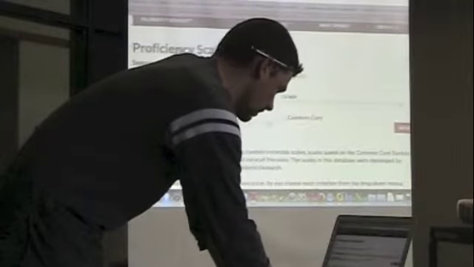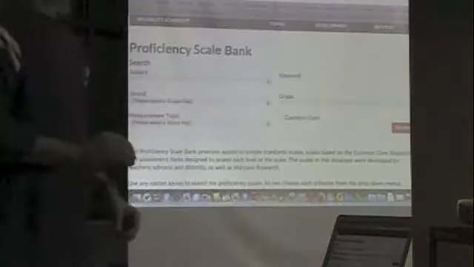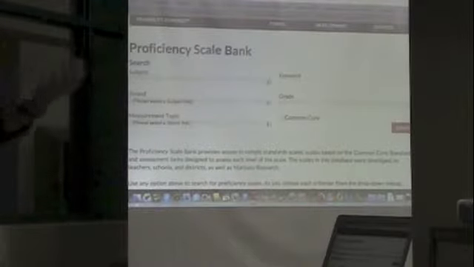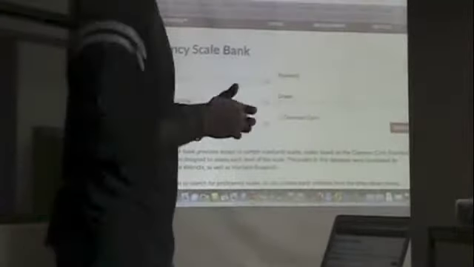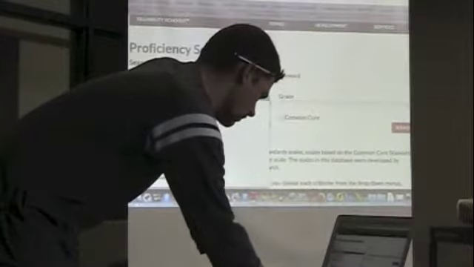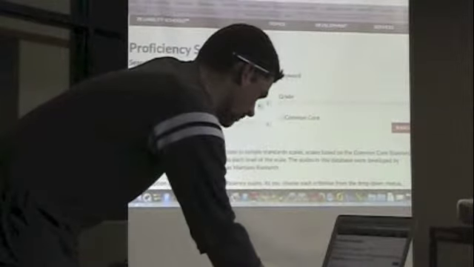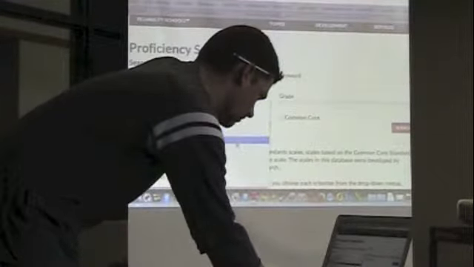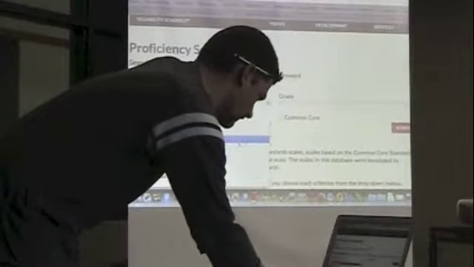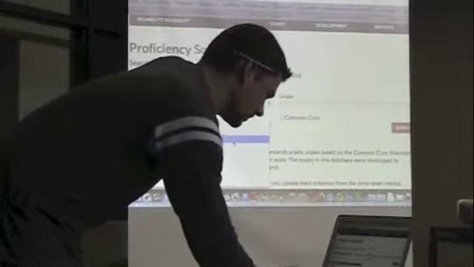about what proficiency scales look like. So I'll show you two examples. One is if you go to Marzano Research's page, they have a bank of proficiency scales for most content areas and most standards. So if I just go and do a search for, say, math and measurement and data, and let's say I want something about representing data.